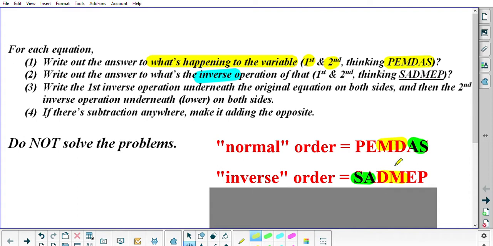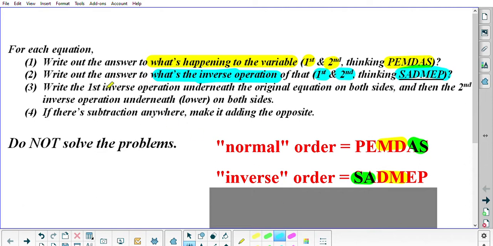So that's what I'm really trying to tell you here. When you answer what's the inverse operation, you are going to be thinking for first and second, completely backwards order from normal. Instead of PEMDAS, it will be SADMAP. Instead of multiplication and division first, and then addition and subtraction second, it's going to be completely flip-flopped, where subtraction and addition will be first, division and multiplication will be second.